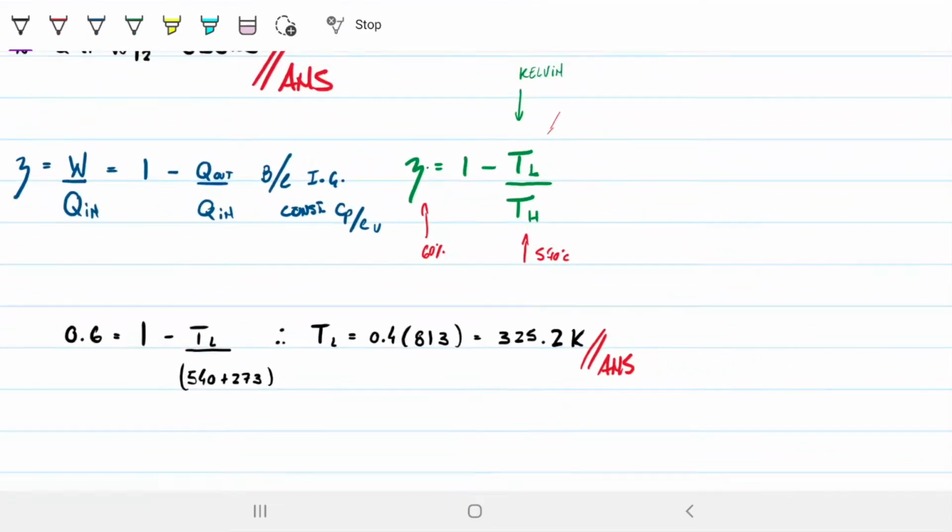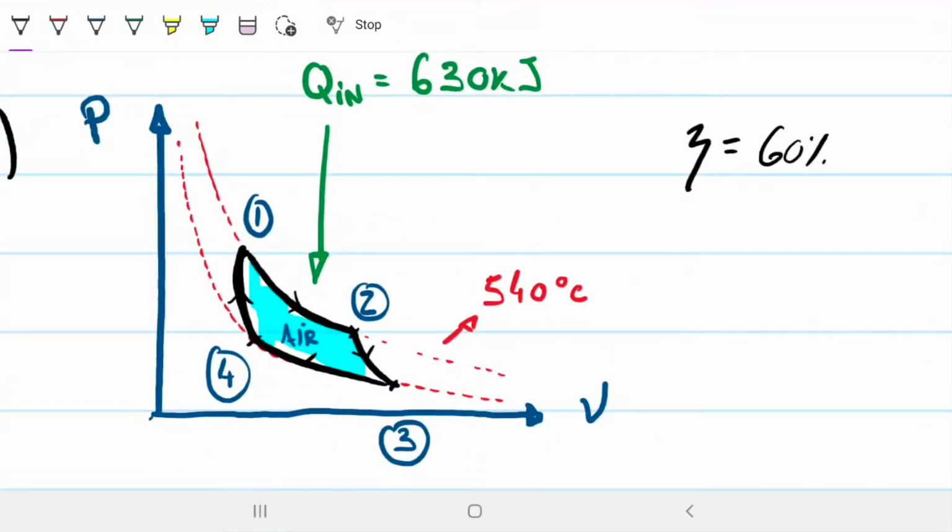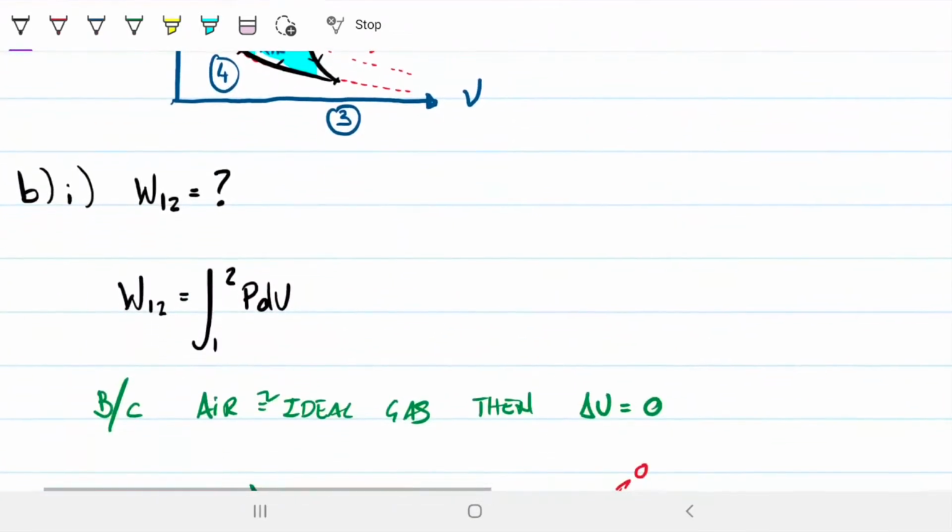Now, a couple of things we need to understand about what we just did here. We were able to do this because we're talking about a Carnot cycle. And we know a Carnot cycle operates between two limits, and these two limits are the limits of the upper and the lower reservoir. In addition to that, we're considering air, and air can be approximated to an ideal gas. So because of all these considerations, we can say that the efficiency is also equal to 1 minus Q out over Q in, which in this particular case is the same thing as low reservoir over high reservoir.